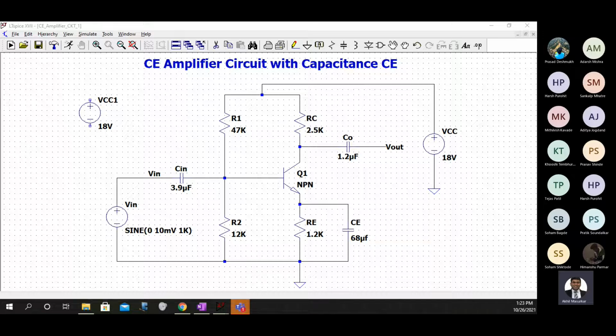Okay, Harsh, your output is Harsh. Your CE is just 68. 68, so it will take 68 farads. Okay, sir. 68 micro. Okay, sir.